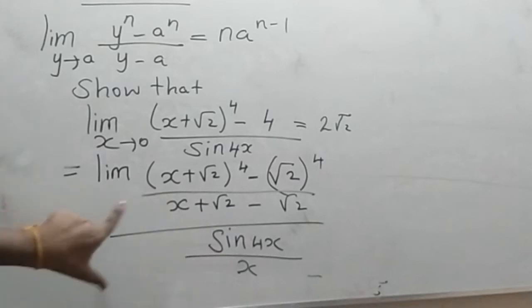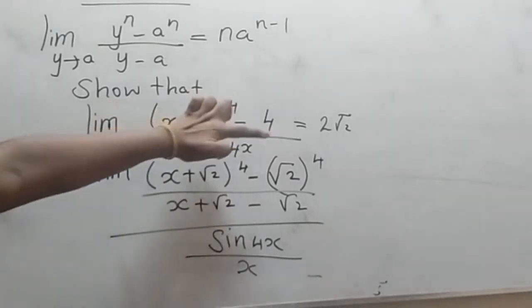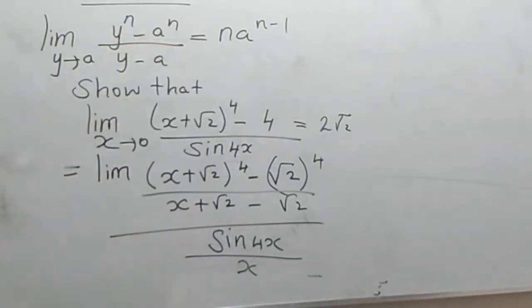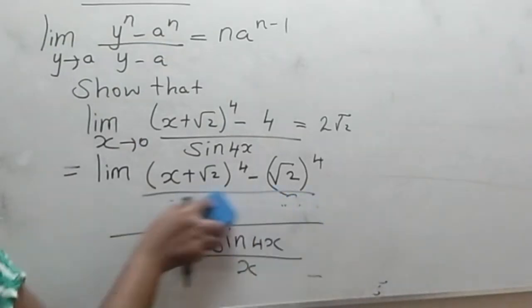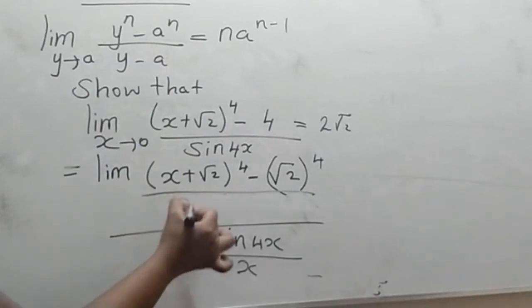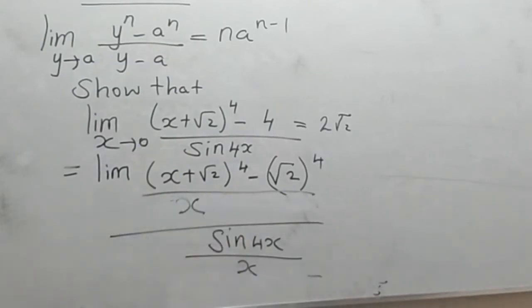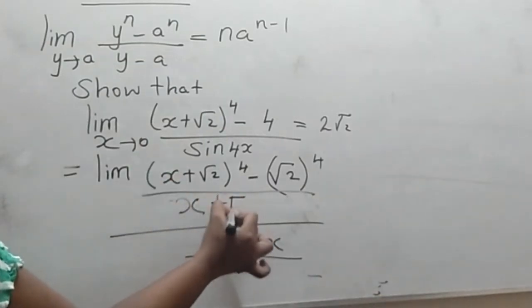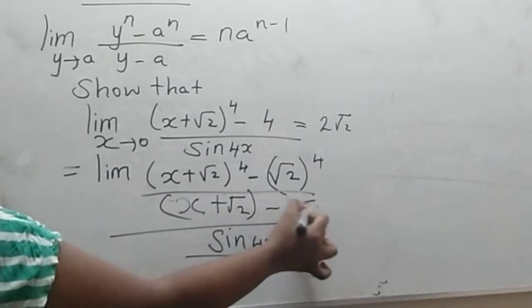So, what I am doing is this sine 4x I am dividing by x, and this expression, x plus root 2 to the power 4 minus root 2 to the power 4, I am dividing by x. So, I am dividing up and down by x. Then, in order to get this format, I am adding root 2 and subtracting root 2.